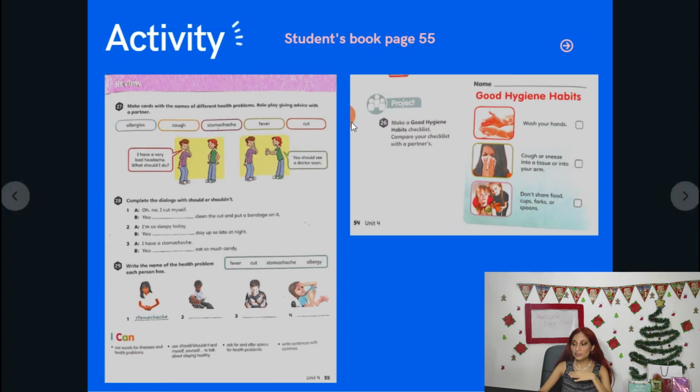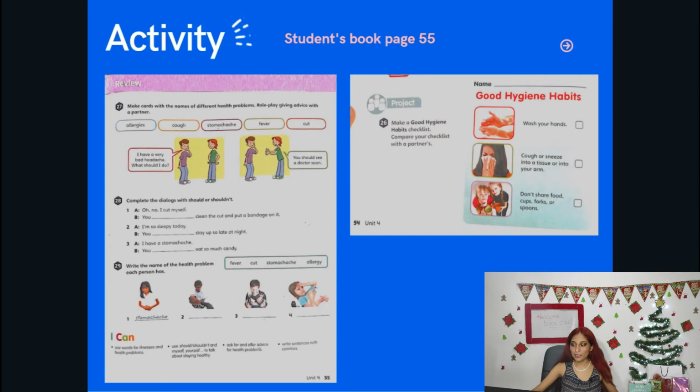Compare your checklist with a partner's. We're not doing that, but we are going to do our own good hygiene habits checklist. So you need to look at the example that you have in the book. It says name. I'm going to write my name, Marcela Rodriguez.